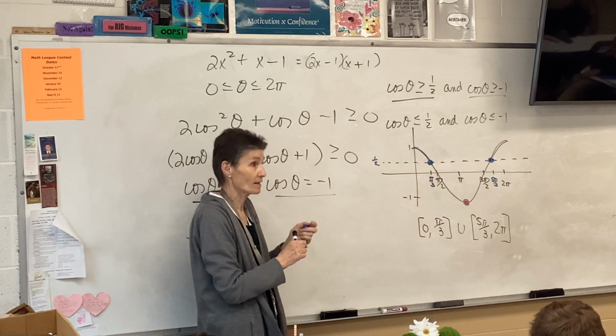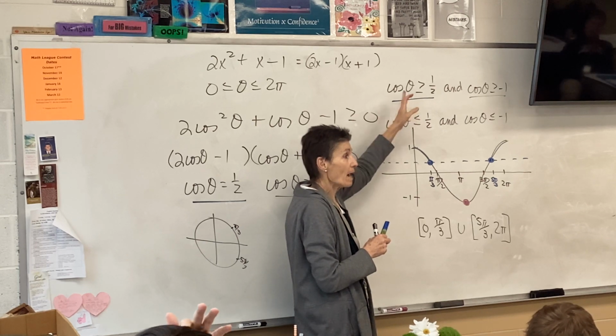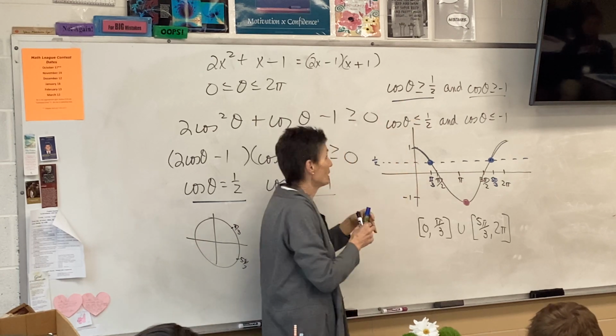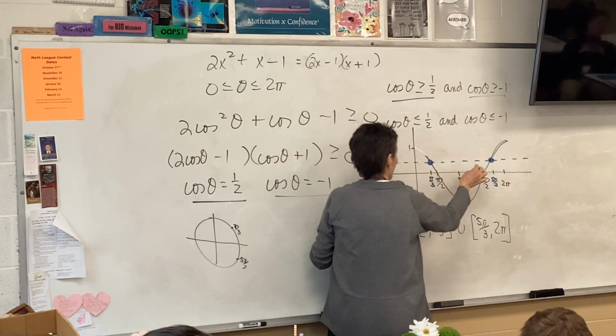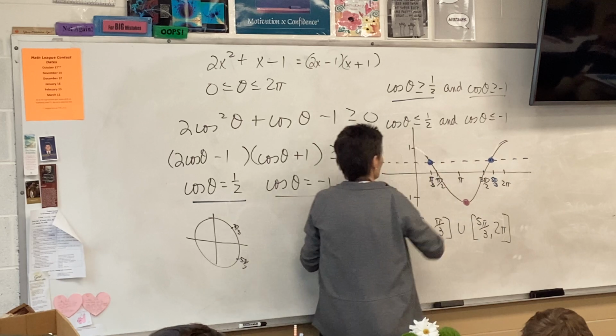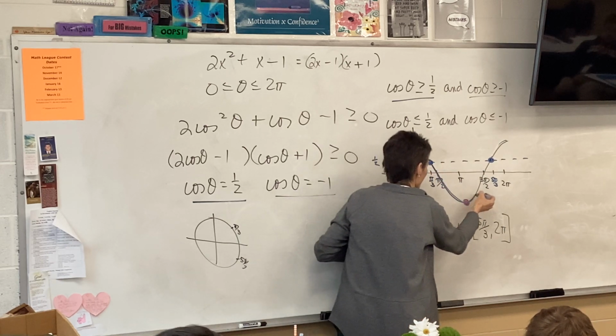I'm not done. I've done half the problem. Now I gotta turn around and figure out where is the cosine less than a half. Well, wouldn't that be this part right here?